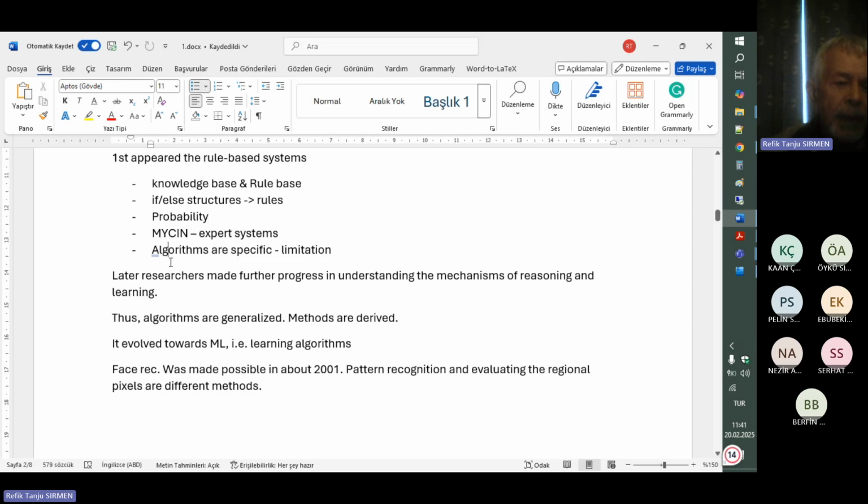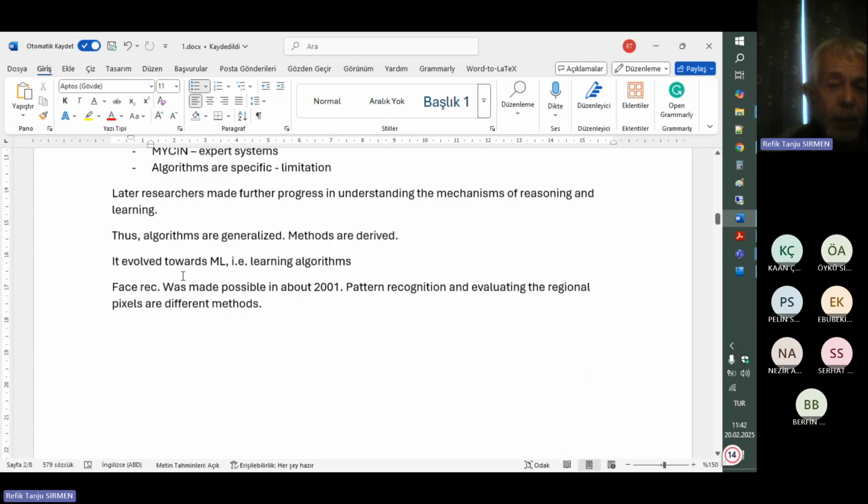But later on, as I said, the data is larger and larger, so researchers also made some progress in understanding the mechanisms of reasoning and learning, and what is reasoning, what is learning. So it also pertains to cognitive science or other areas. So by looking at these methods and observations, they generalized the algorithms, they generalized the reasoning models and everything.